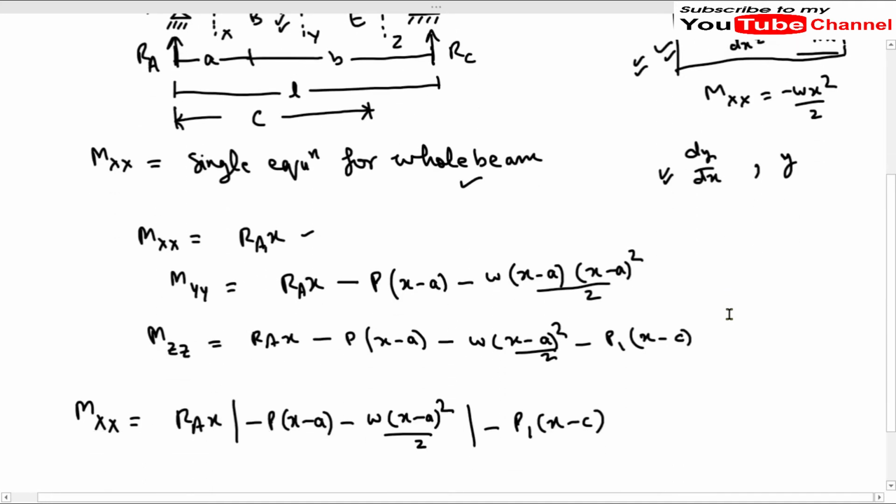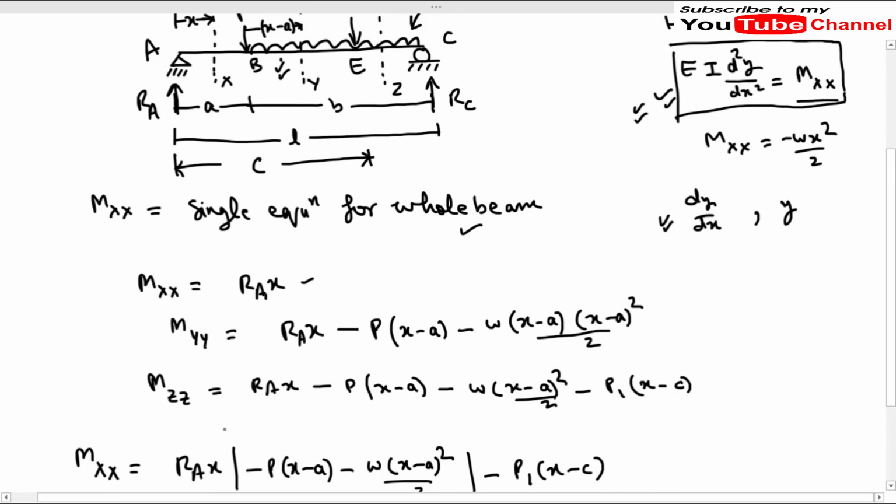What this equation means is, let us say I want to find out the bending moment at section xx. Then I need only this first term. So if I want to find the bending moment at xx, this first term is sufficient.